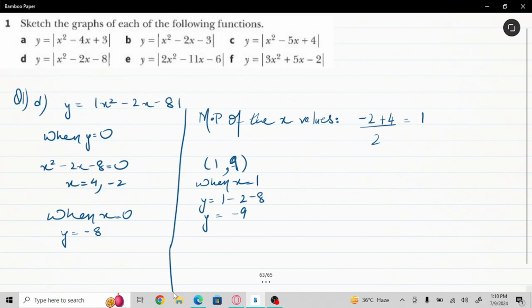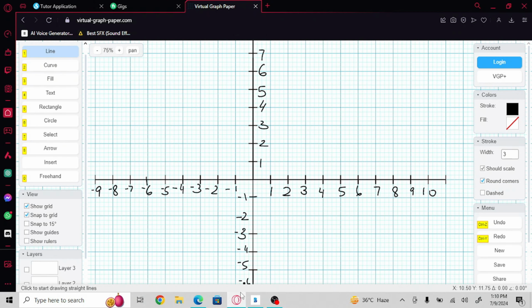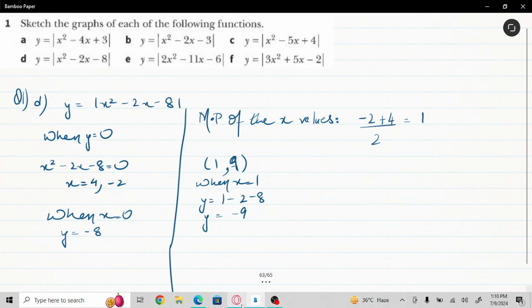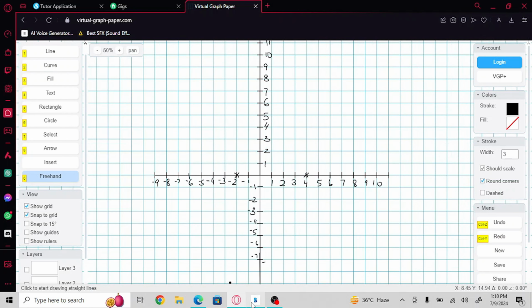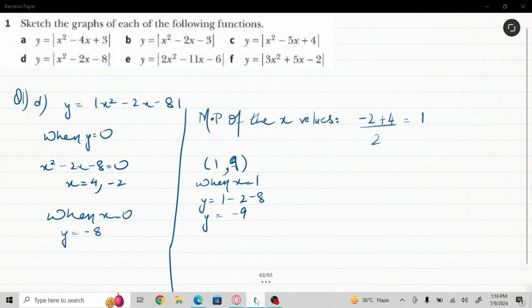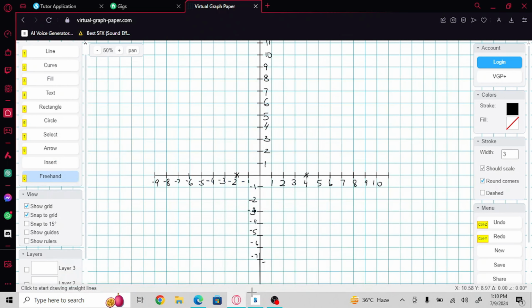Let me make it here. So we have our graph here. What we're going to do is plot our points. So when x equals negative 2 and 4, y is equal to 0: negative 2 and 4, like this, and like this. To zoom out, I guess. And we have y is equal to negative 8 when x equals 0.